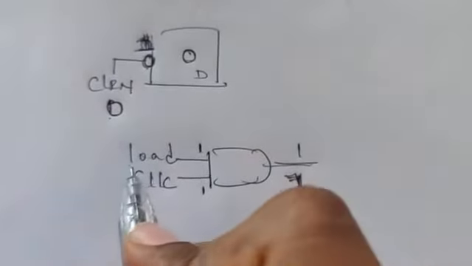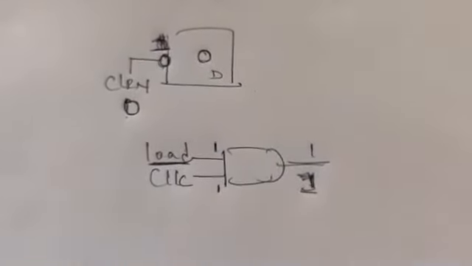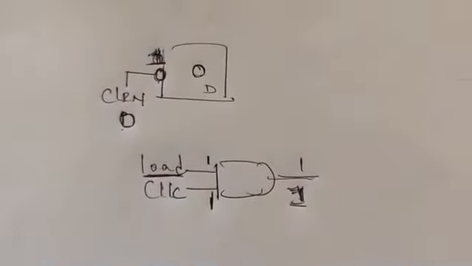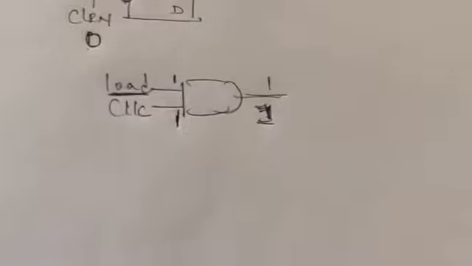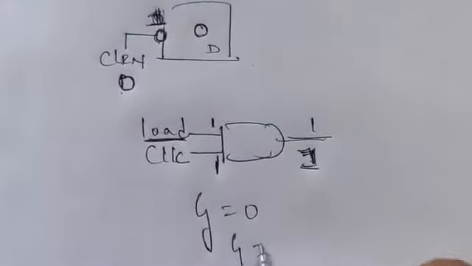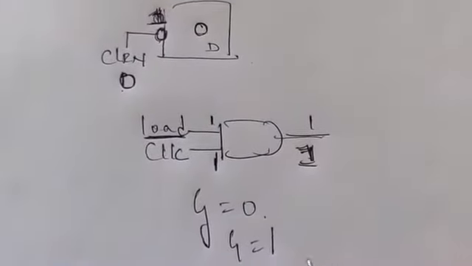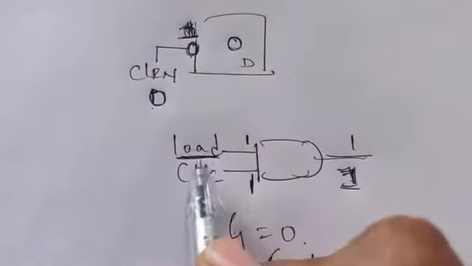Whenever you give the clock pulse, that is nothing but 1. So what is this load? Load is nothing but the gate, which you learnt earlier. In the previous circuit you learnt that when G is 0, the circuit is inactive, and when G is 1, the circuit is active. Rather than writing G, they have written load.